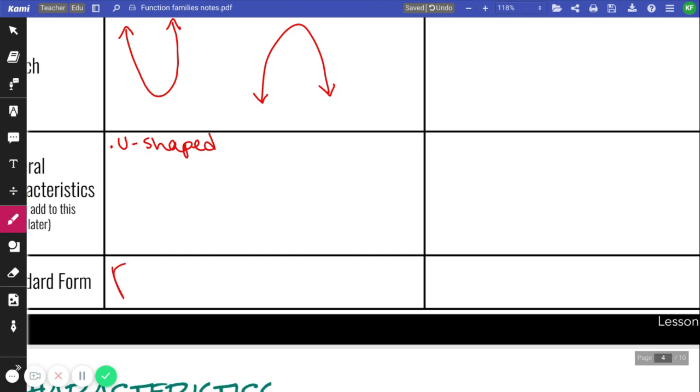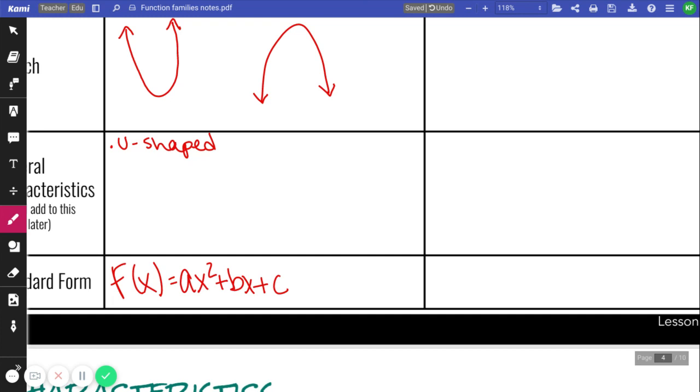Their standard form looks like f of x equals ax squared plus bx plus c. Those letters A, B, and C are just placeholders where numbers would be in regular functions. So those are just variables that they pick for the standard form of the function.